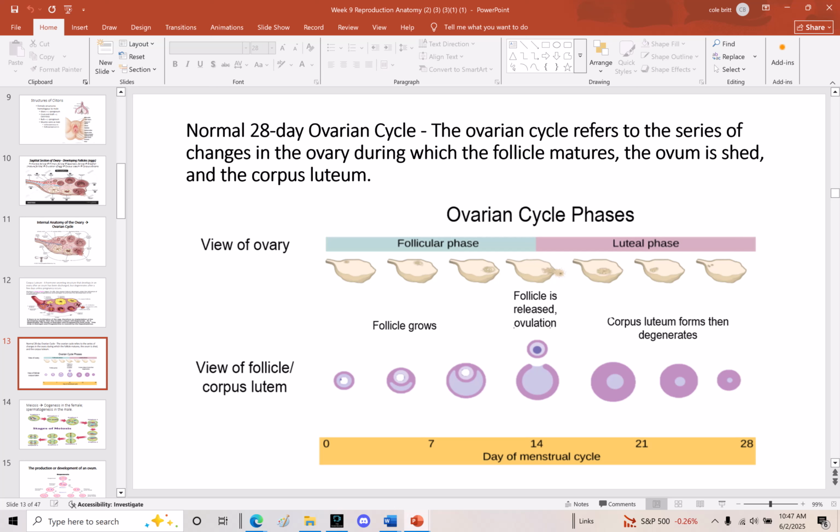But as you are having your menstrual cycle, the endometrium is getting thicker and thicker. And I got a picture of that here. So at day 14, it's getting real nice and thick.